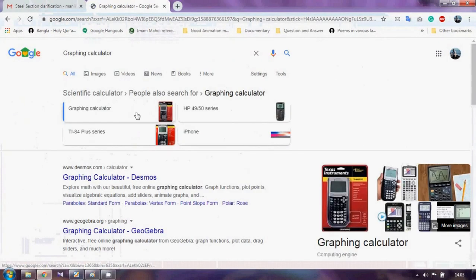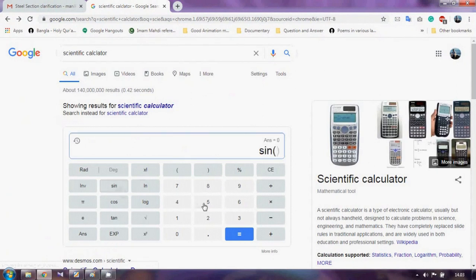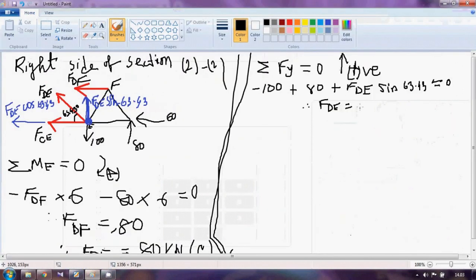How much? 20 divided by answer, 35.51 kilonewton, and it is positive, so it will be in tension. So the member DE will experience tension, and the assumed direction is correct.